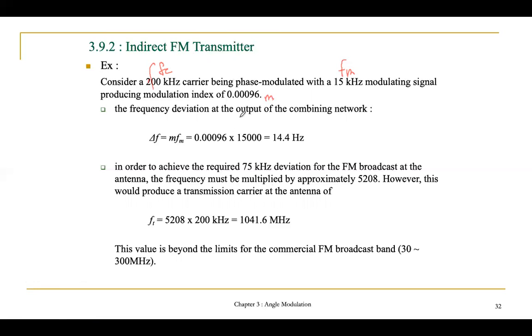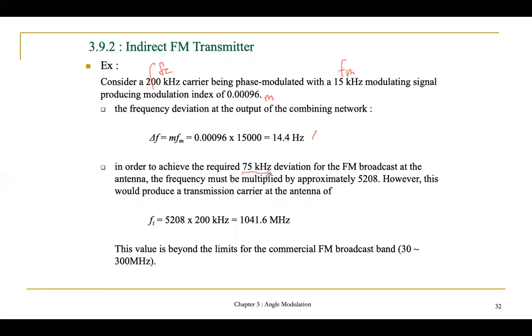So for the frequency deviation of the output of the combining network, you know that m equals delta f over fm. So delta f is equal to m fm, and you will get the frequency deviation equal to 14.4 megahertz.